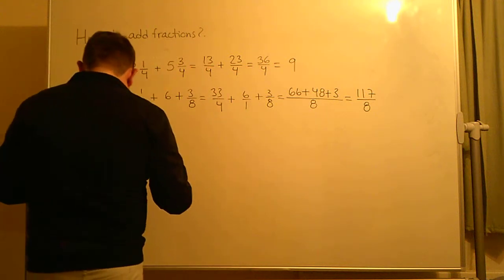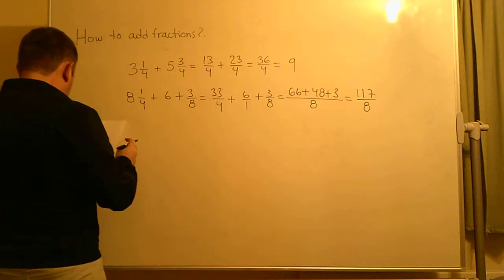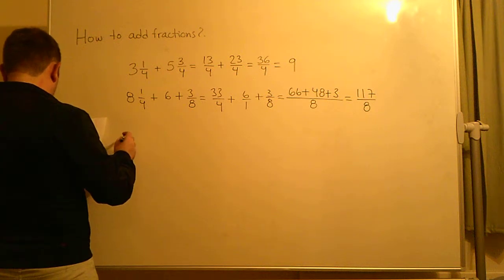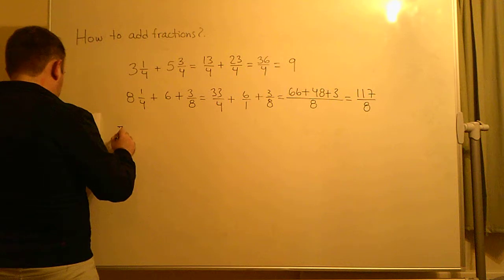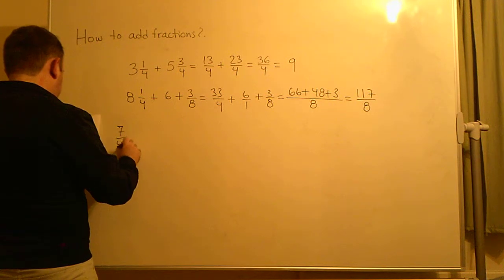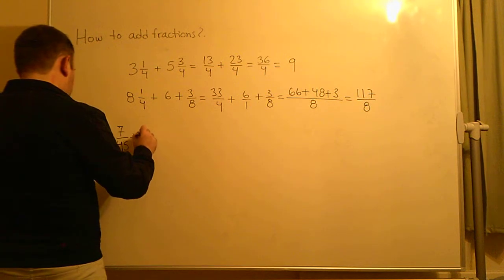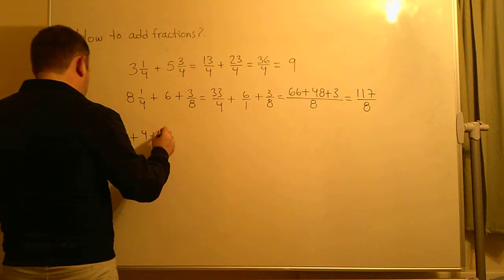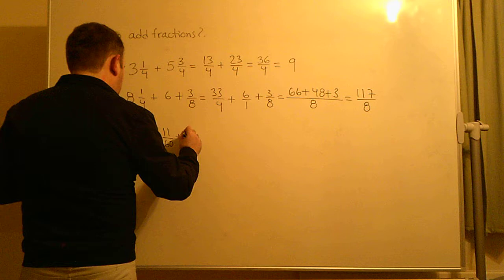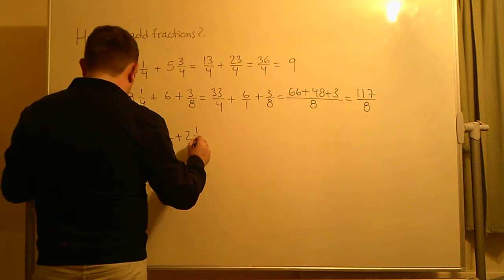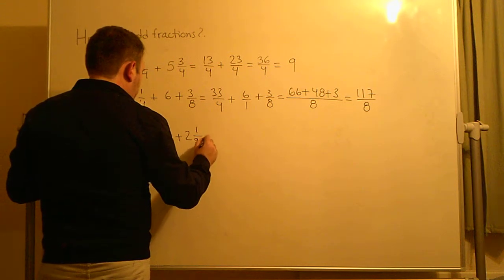Let's try another one, which would be 7/45 plus 4 plus 11 sixths plus 2 integers and 1/9.